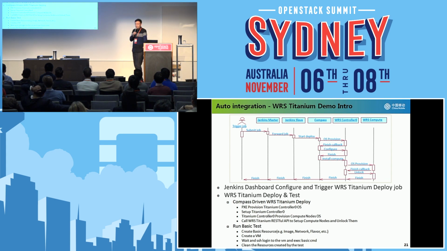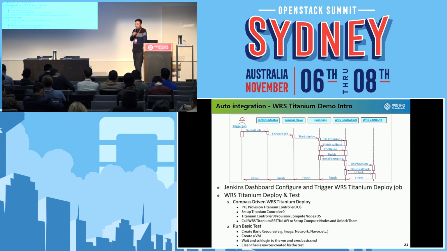After that, it will deploy the Wind River compute nodes. And after that, the job ends. The Jenkins dashboard configures and triggers the Wind River Titanium deploy job.